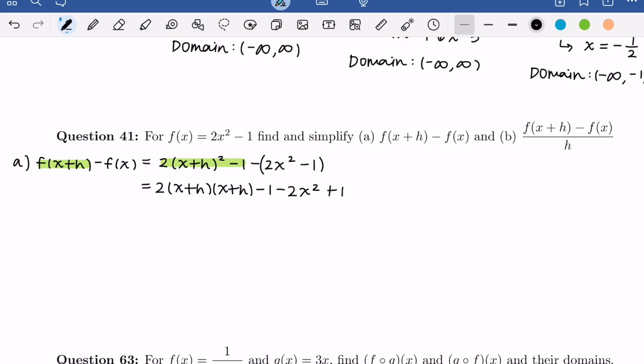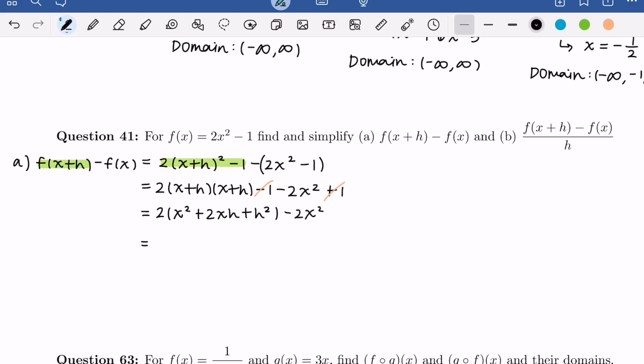All right, so we'll keep simplifying this. When we're multiplying these two binomials, we're going to end up with x squared plus 2xh plus h squared. Now we still have these guys here, and actually we have a minus 1 and a positive 1. So these guys will cancel each other out, and then we're just left with this minus 2x squared here.